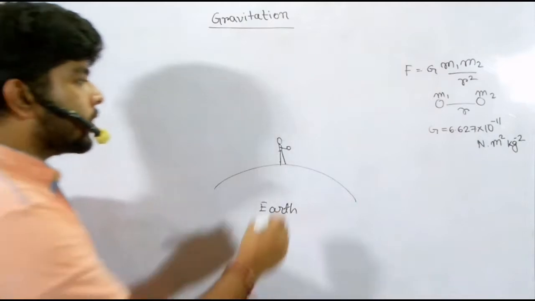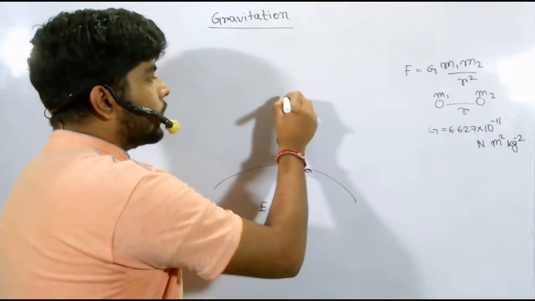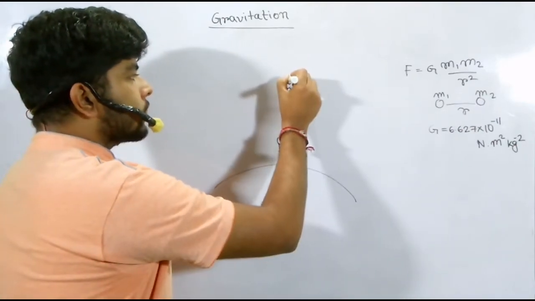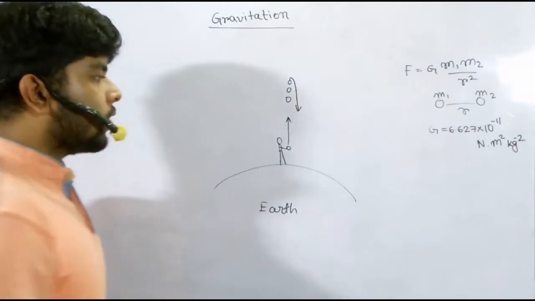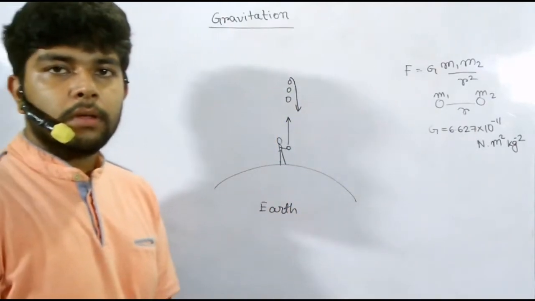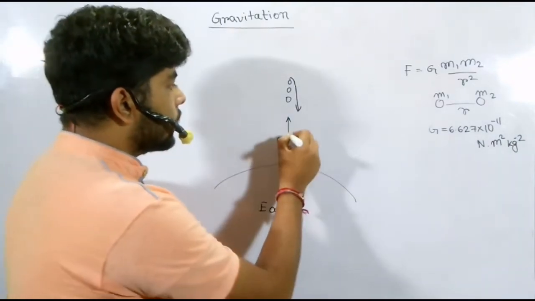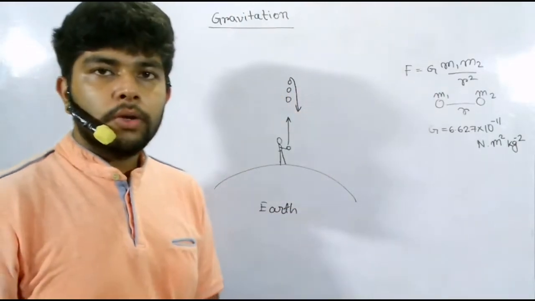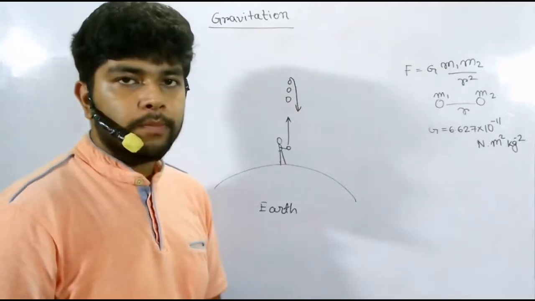When you throw the cricket ball in the upward direction, the ball rises upward. And after a time, the ball falls toward the earth surface. Right? Do you think the ball goes away from the earth? No. The ball obviously comes back towards the earth.